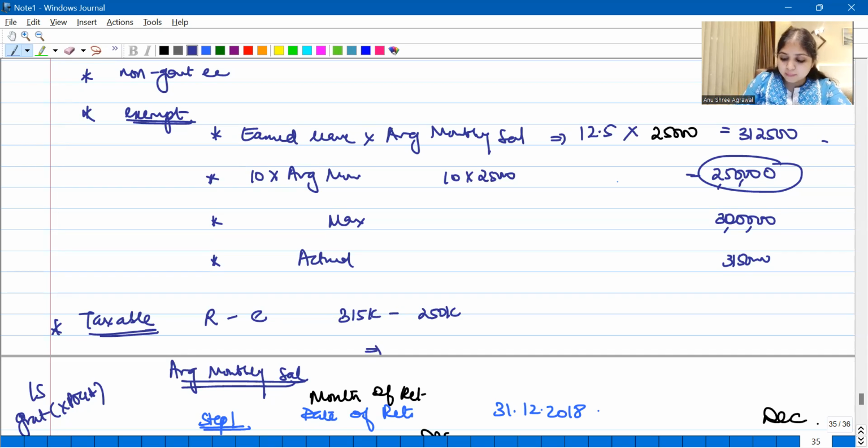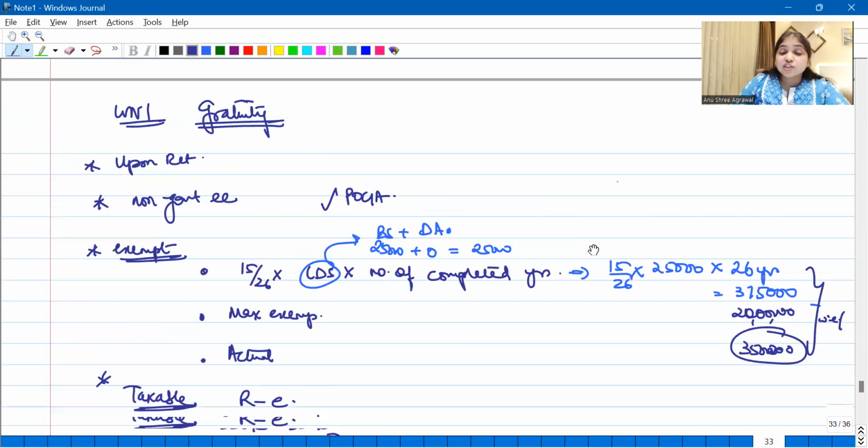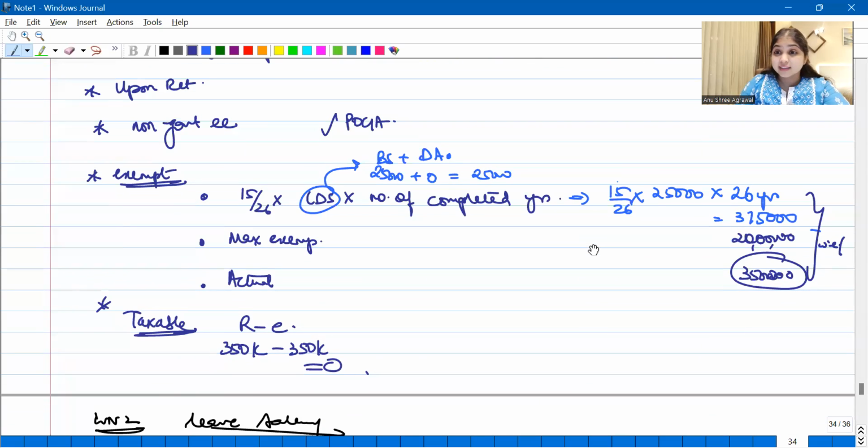So therefore, the balance 65,000, this is going to be my taxable leave salary. Right, guys? So coming back to my main answer, taxable leave salary is 65,000. So gratuity, leave salary, HRA, 3 big adjustments revised through this one question.